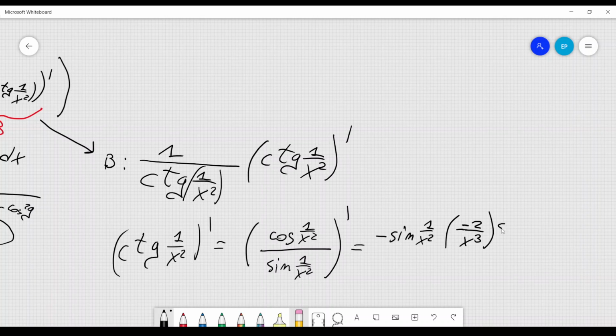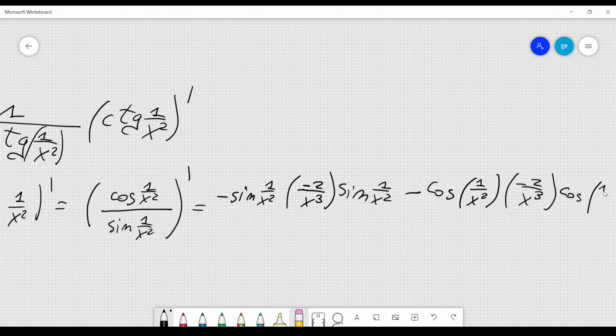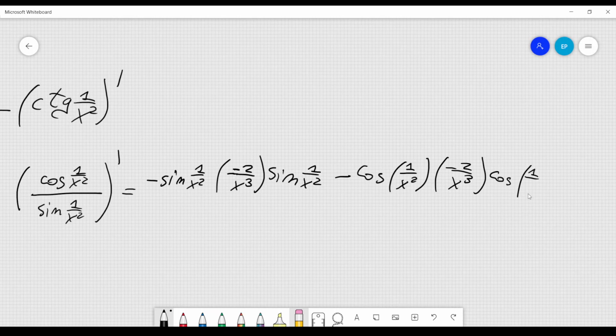And then we have to multiply by sine of 1 over x squared, and then we have minus the derivative of the denominator, which is cosine of 1 over x squared. We have to multiply by the derivative of the argument, which is minus 2 over x to the third power, and then we also have to multiply by the cosine of 1 over x squared here.